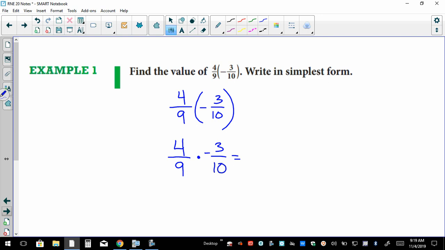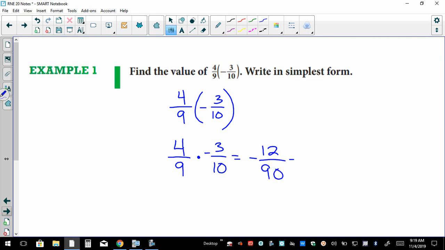Let's just do the first way without doing any simplification before we do it. When you multiply fractions, do you have to find a common denominator? No. Just multiply the numerators: 4 times a negative 3, and I know I'm going to have a negative answer because I have a positive and a negative, so I can put the negative out front of the fraction. 4 times 3 is 12 on the top, and 9 times 10 is 90.